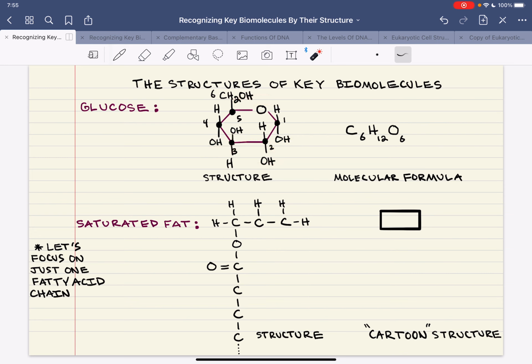Okay? And that's why glucose loves water. Because for each of these hydroxyl groups, I have to draw it really small here, but there's a negative oxygen and a positive hydrogen. So that's responsible for this molecule's ability to form hydrogen bonds, and it's responsible for it being hydrophilic.